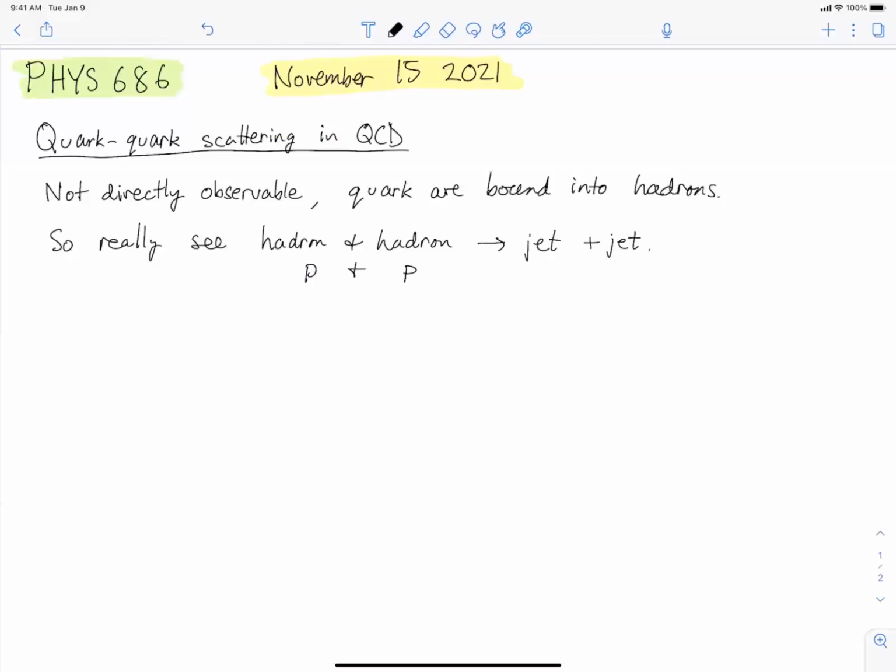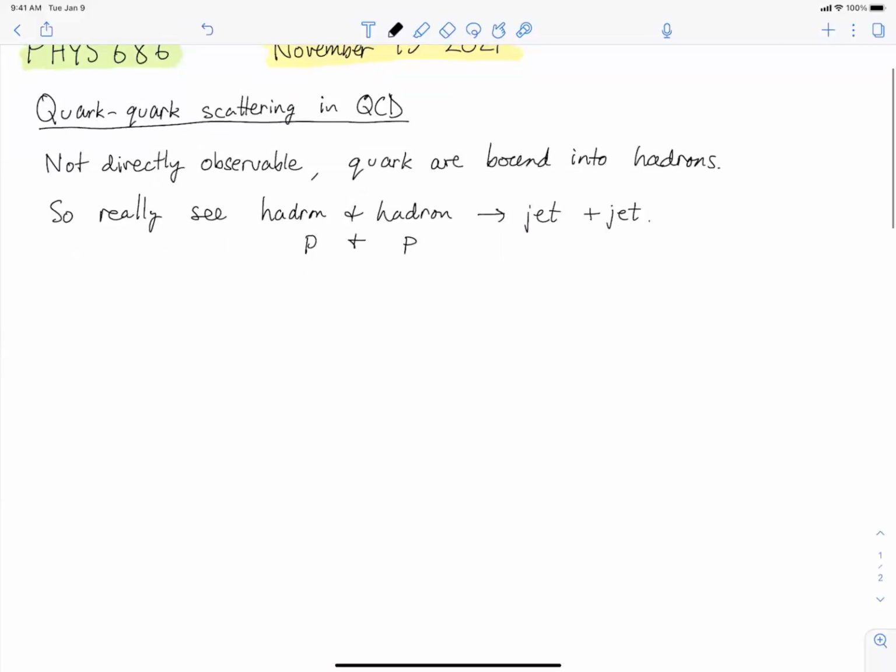quarks. So what we're actually going to be calculating today is what's called the microscopic or hard scattering process. And to make things nice, I'm going to have in mind specifically an up quark and a down quark scattering to an up quark and a down quark.